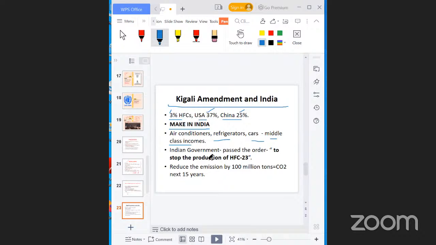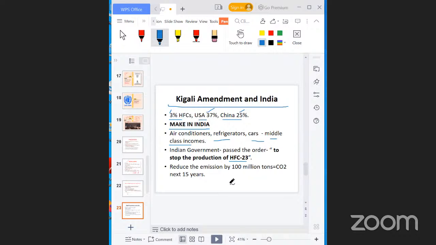Still, as a responsible nation, with a global perspective, the Indian government has voluntarily passed the order to stop the production of Hydrofluorocarbon 23, which is a byproduct of a commonly used refrigerant, right?